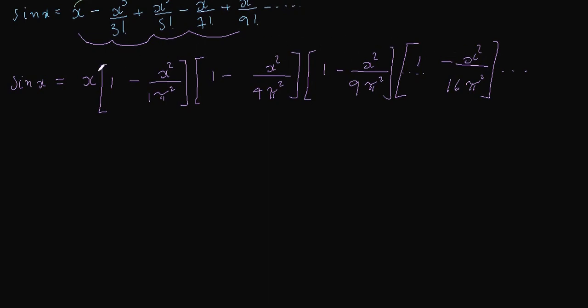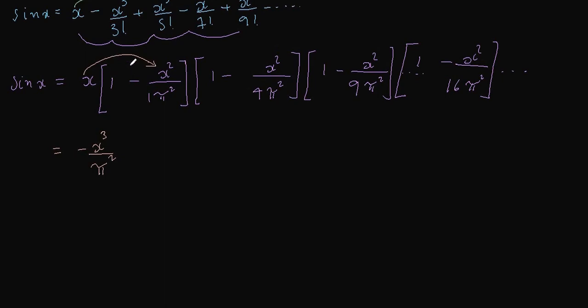First we take the first x, and then we multiply this x by this x squared here. We get a minus sign, so we get minus x times x squared, which is x cubed, and in the denominator we have pi squared.